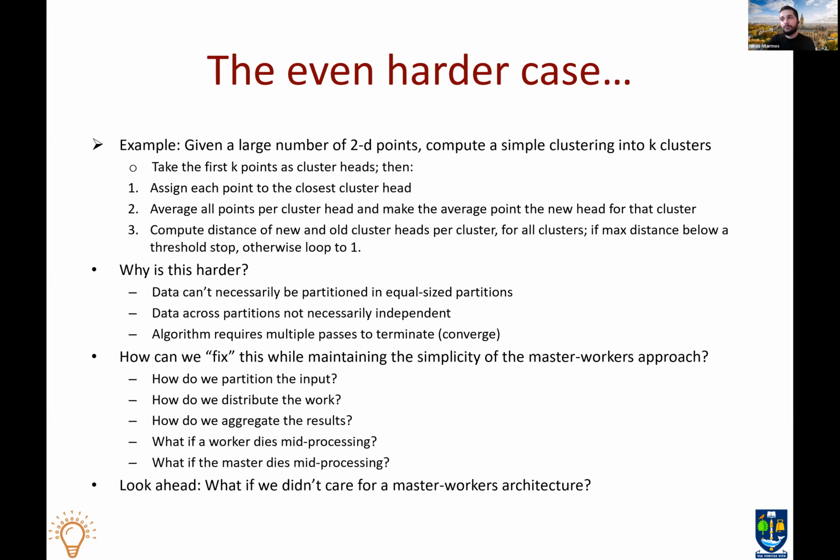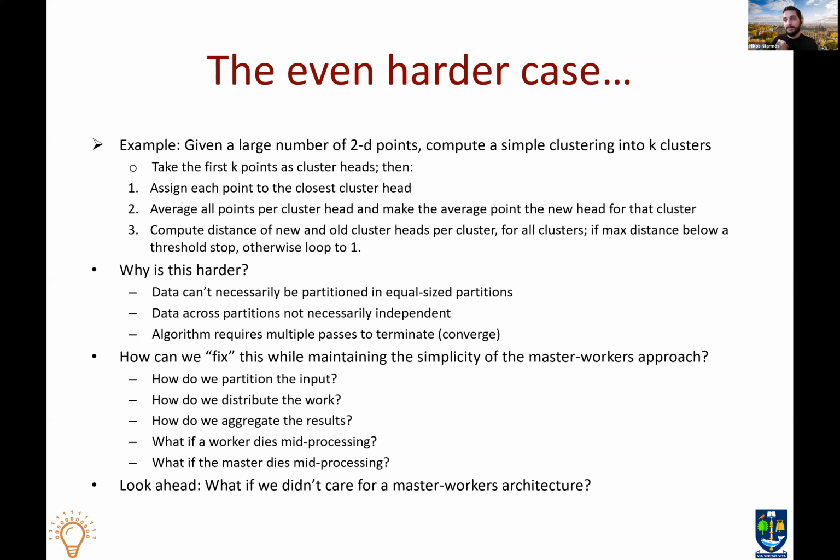There are situations where we don't care for a master-workers architecture. Everything we've discussed so far has assumed that there is a mastermind who pre-computes the partitions and knows how to distribute the work and so on. That's not always the case. Although for MapReduce, which is what we will be discussing in the second hour of the lecture, we do have a mastermind.